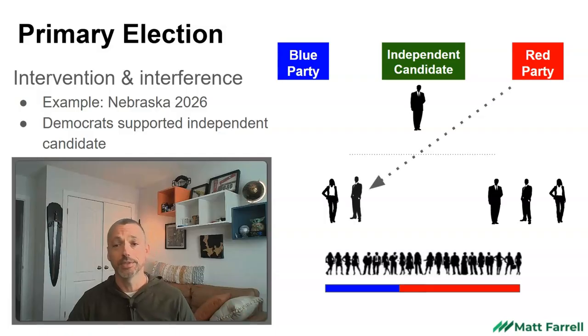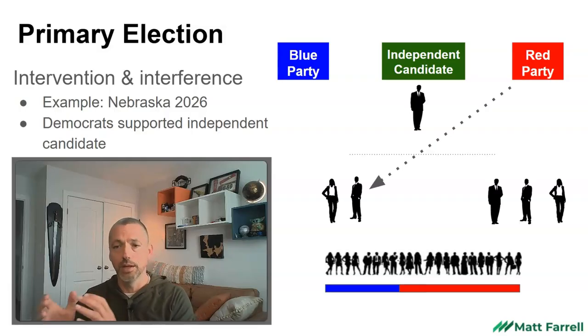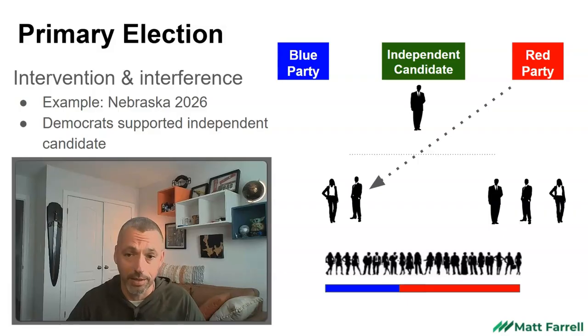So what they did was get an ex-Republican to join the Democratic primary with the promise of staying in the general election. The idea was that voters might be more inclined to support that candidate in the primary. At least that was the hope, because then the Republicans could ensure that they got a three-way race instead of just a two-way race between the Republicans and the independent candidate.